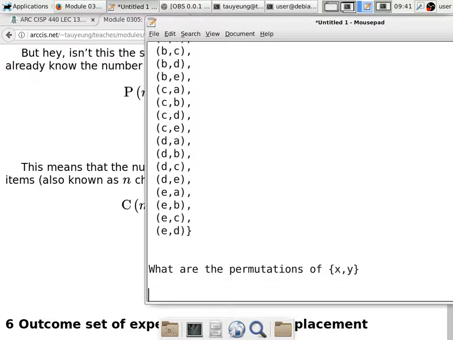In other words, I give you 2 elements, and I say, okay, how many ways can I arrange xy in different ordering? There are only 2, right? 2 ways. This is the first. This is the second. Because it is 2 factorial. 2 factorial is 2. Is that okay?